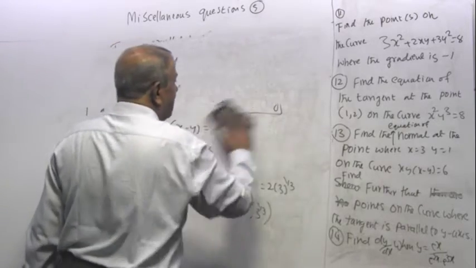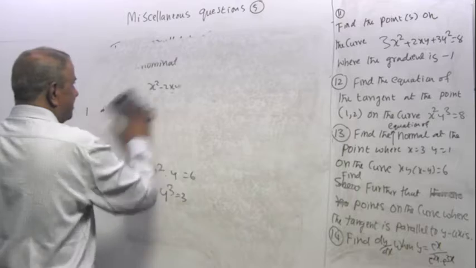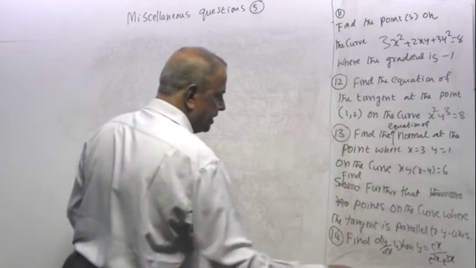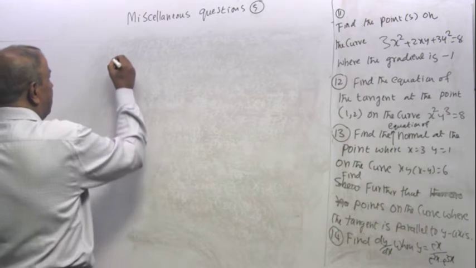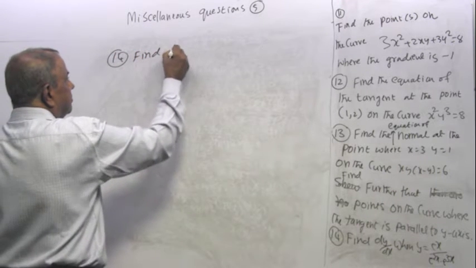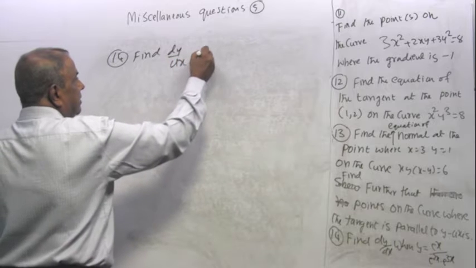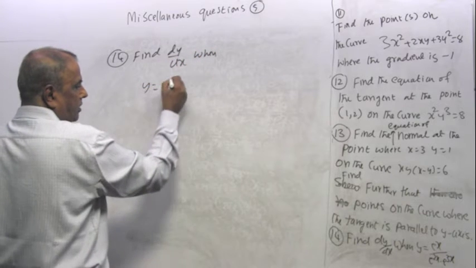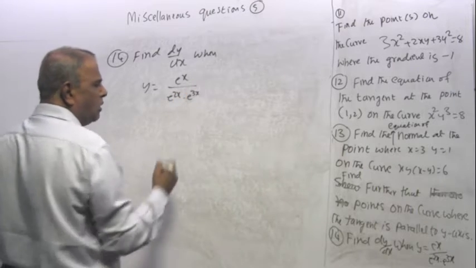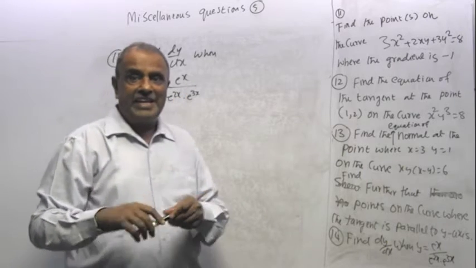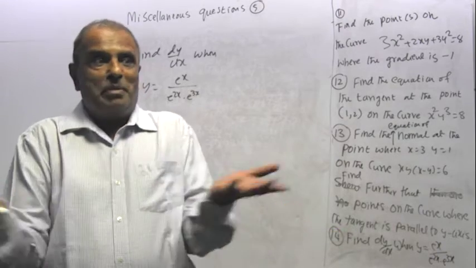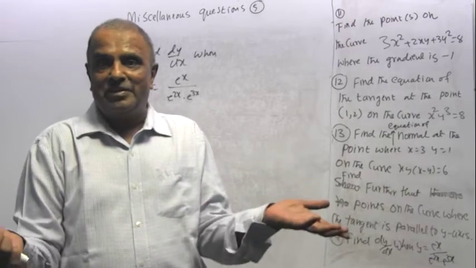The last question I put there as a teaser, because whenever I did differentiation, especially exponentials, when I gave this question, find dy by dx when y equal to e power x over e power 2x times e power 3x. Somehow students dread the letter e. e is just a constant like a power x, 2 power x, 3 power x.